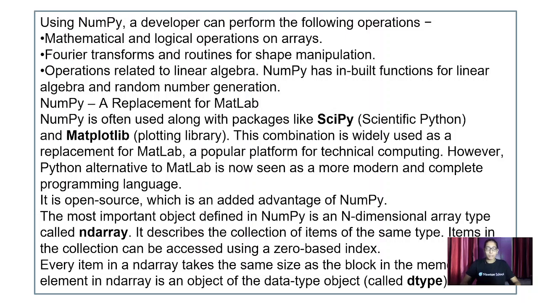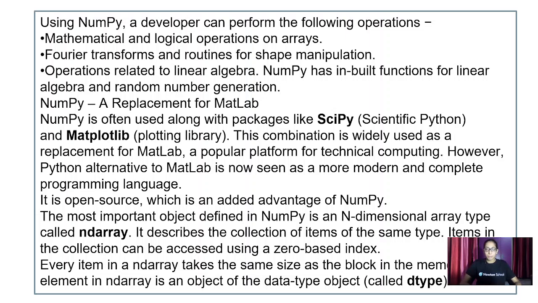When it is used in open source with the advantages of NumPy, the most important object defined in NumPy is the n-dimensional array type, and we call that an ndarray. How can we describe the ndarray?